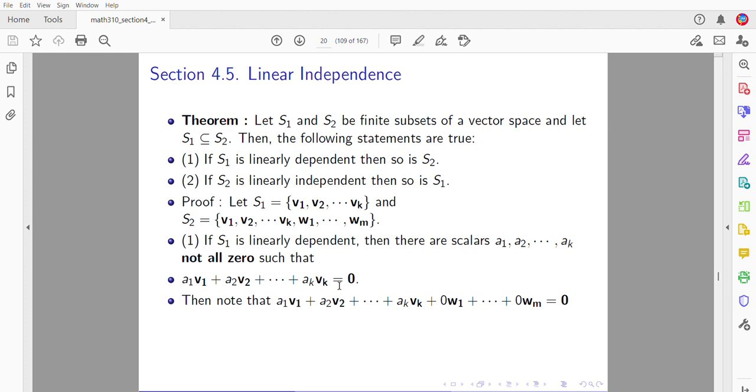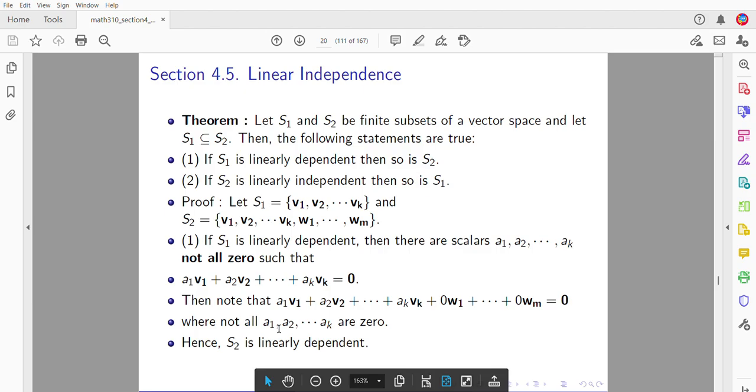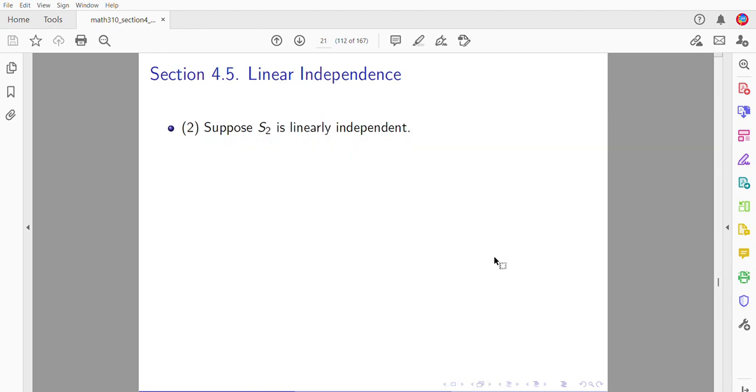In other words, I have found a linear combination of the bigger set with some non-zero coefficients resulting in the zero vector. Therefore, the bigger set has to be linearly dependent because we found some coefficients which were non-zero. So that completes part 1.